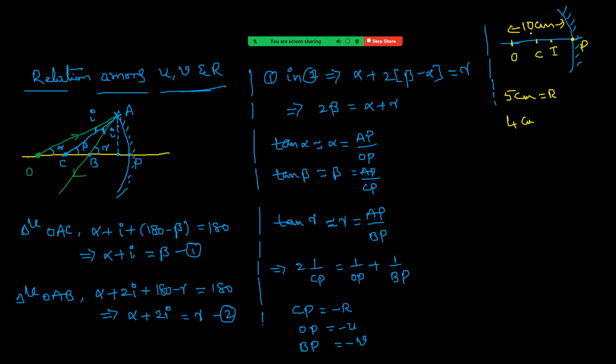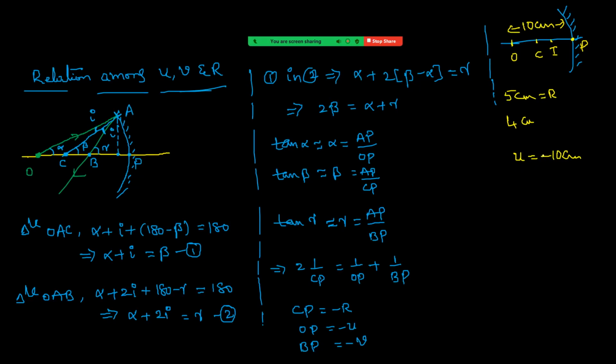Distance of object 10 means u value will be minus 10. What is now the distance of object? Minus u, because that gives plus 10.